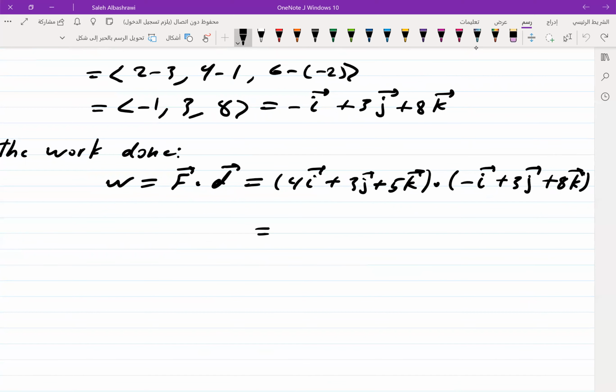This will give me 4 with minus 1, which gives minus 4.